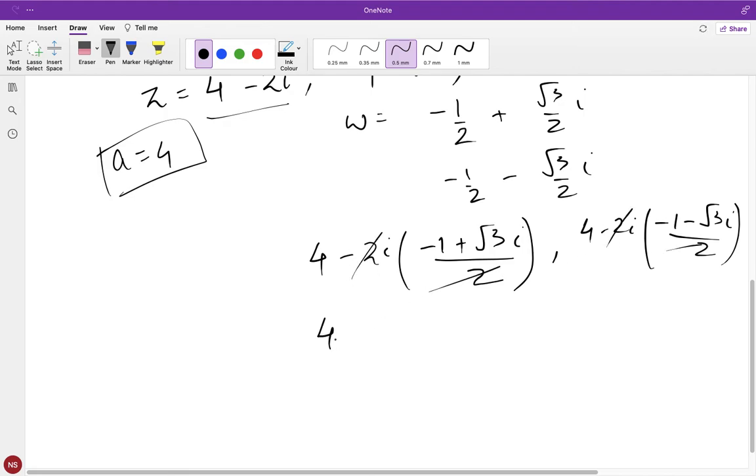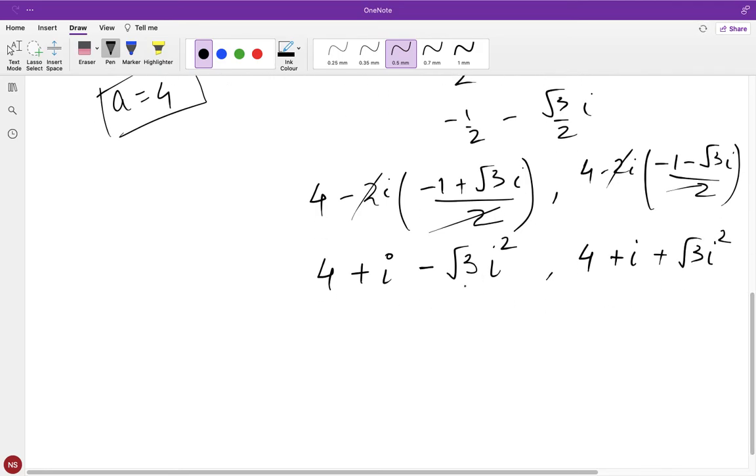So what do you get? 4 plus iota and minus root 3 iota squared, and 4 plus iota plus root 3 iota squared. Iota squared is minus 1. So this will become 4 plus root 3 plus iota, and this will become 4 minus root 3 plus iota.